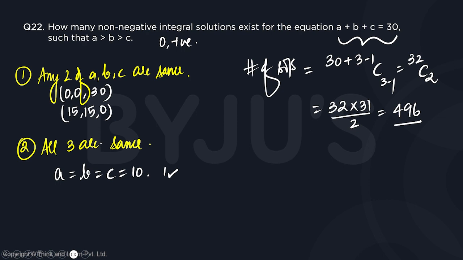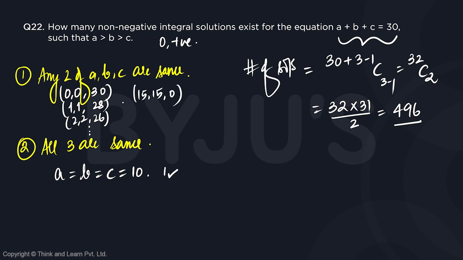We are not only counting these two cases, we are counting all such cases from here to here. So we can have 0, 0, 30, then 1, 1 and 28, then 2, 2 and 26 left over. I'm not saying these are in the same sequence as a, b, c, but this will continue until the first two numbers are 15 and there is nothing left for the third one.